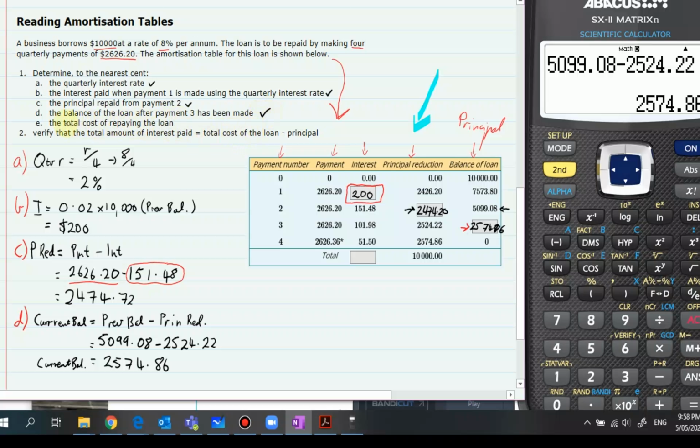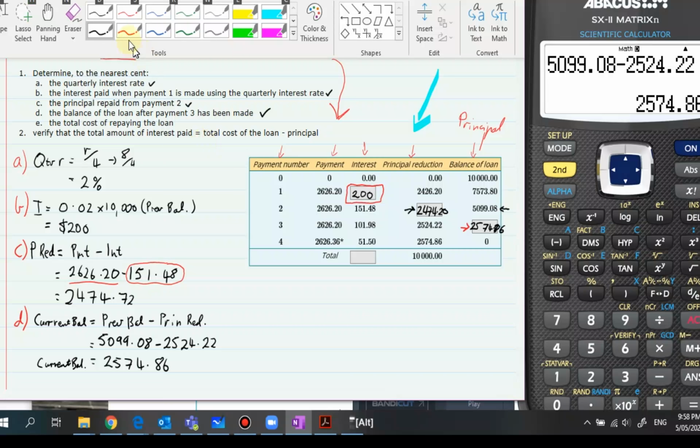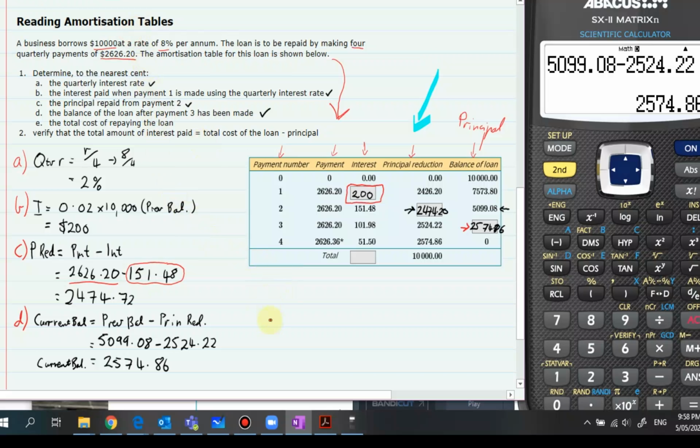Part E, the total cost of repaying the loan. Hopefully we're going to skip past saying it's $10,000, because it's definitely not $10,000. The total cost to us in repaying the loan is going to be the principal plus the interest. The principal of the loan was $10,000.